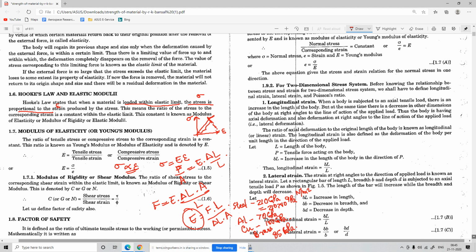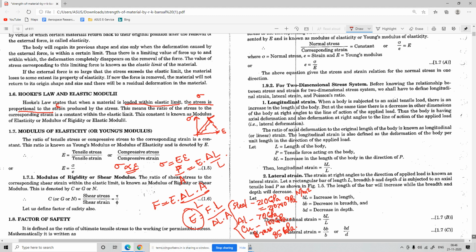All the units are in gigapascal. In some problems they may not give you the value of Young's modulus. In that case you have to consider these basic values to solve the problem.